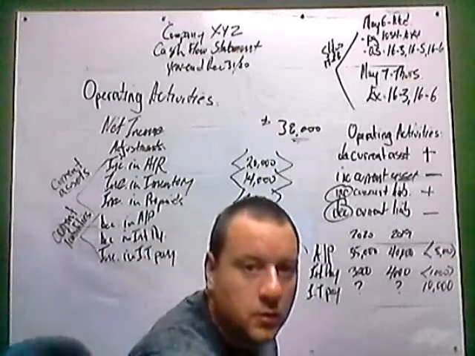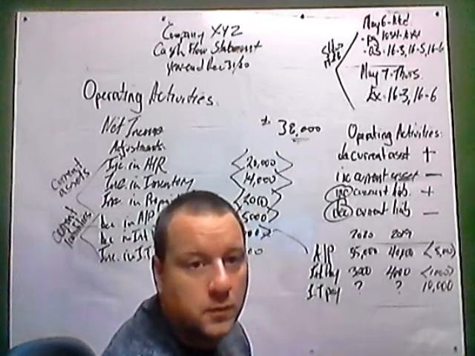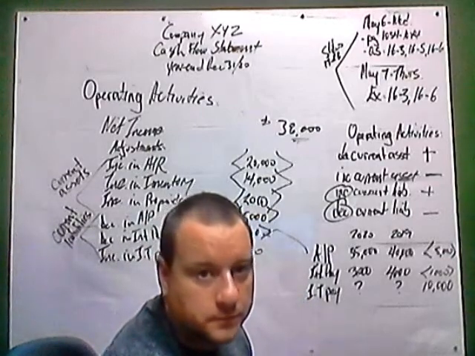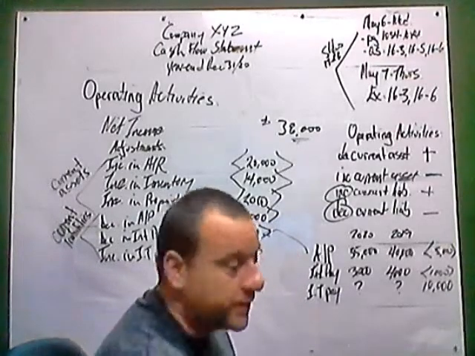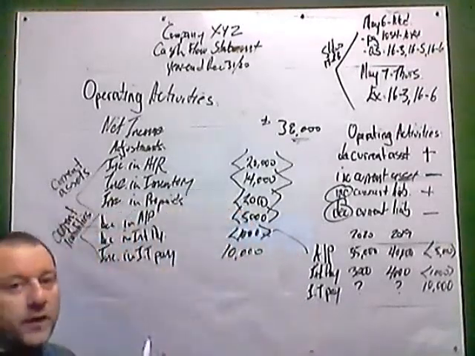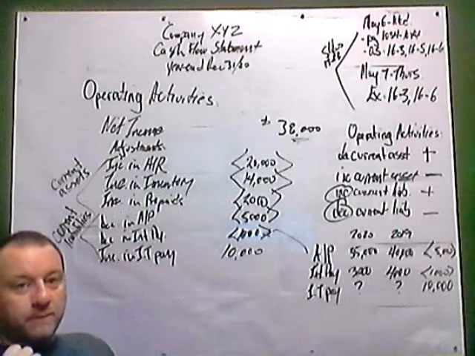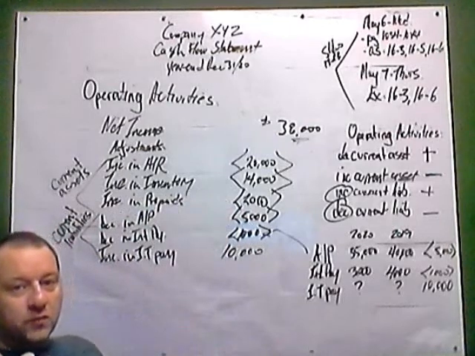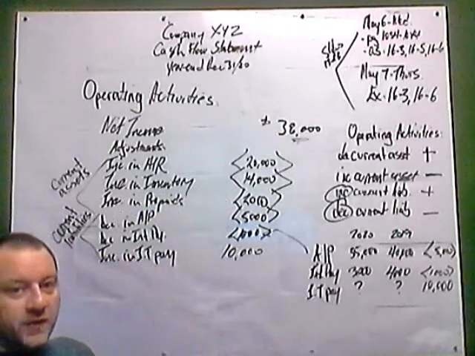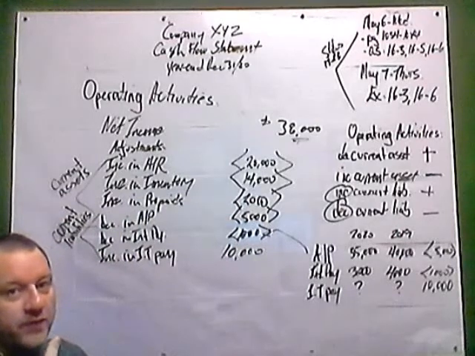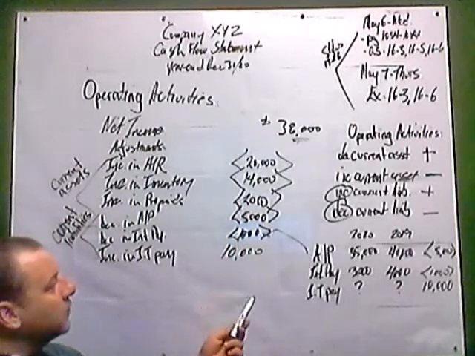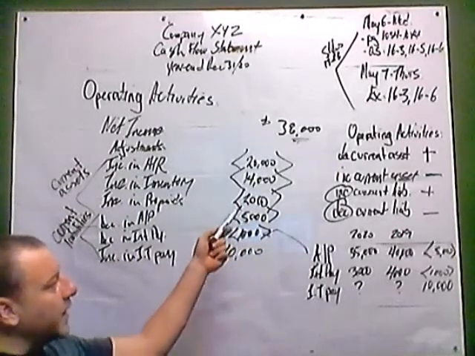When we look at the current assets, AR in 2020 was 60,000, and in 2019 it was 40,000. So we had an increase in current asset.